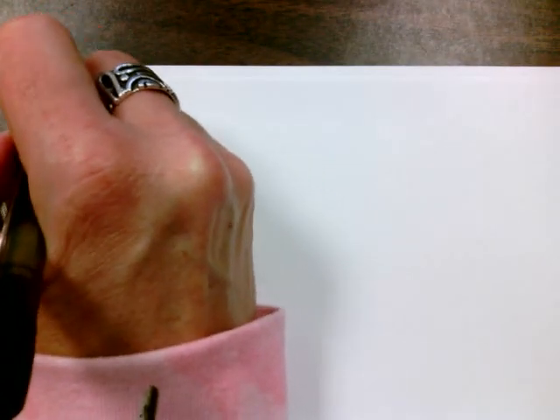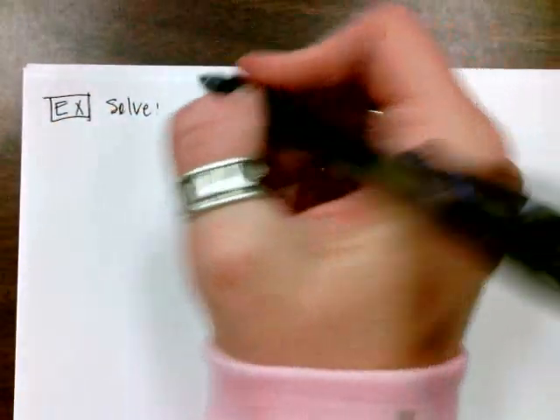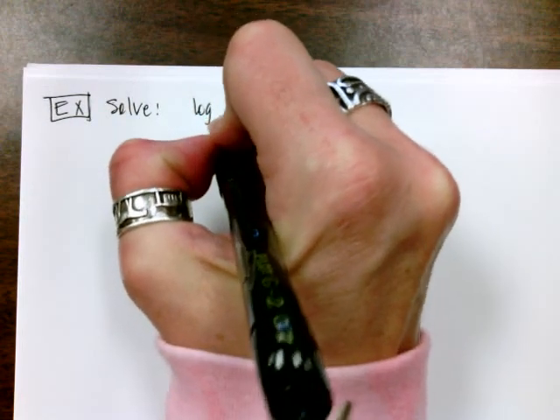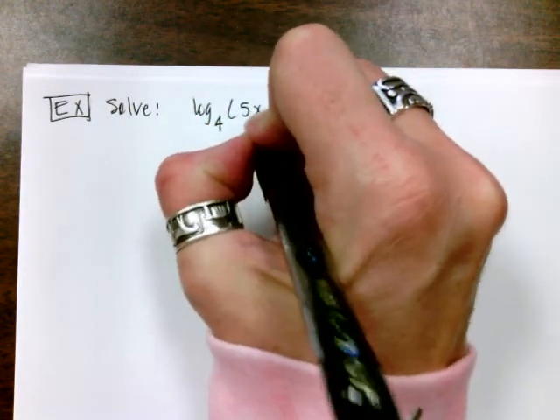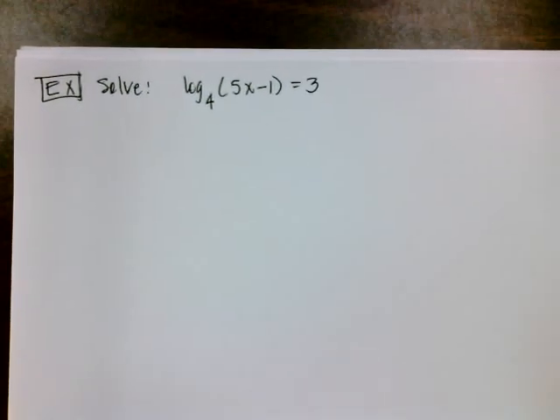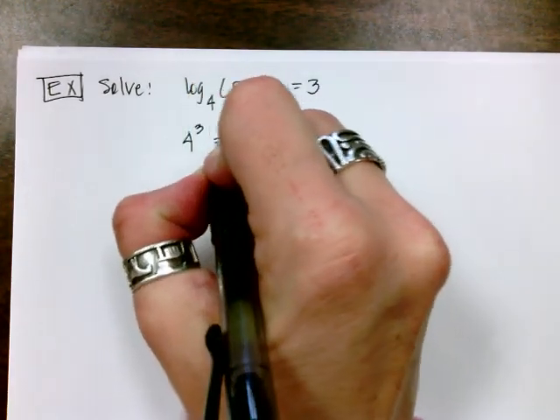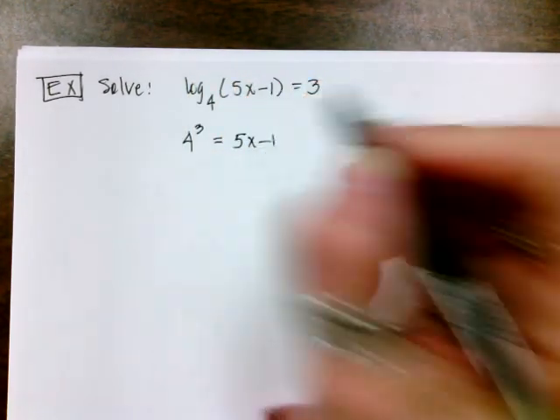For the next example, just lots of examples today, I'm going to have directions that say solve. Go figure. So I'm going to have the log base 4 of 5x minus 1 is equal to 3. Because this one is in log form, I can't take the log of both sides, but I could go back to exponent form. So if I convert it back to exponent form, I would say 4 to the third is equal to 5x minus 1.